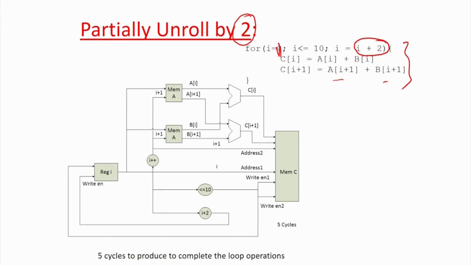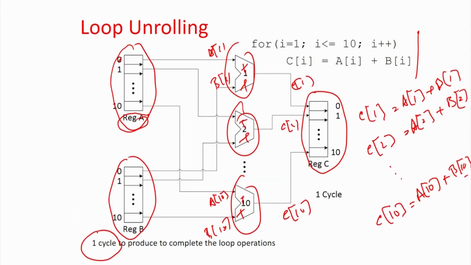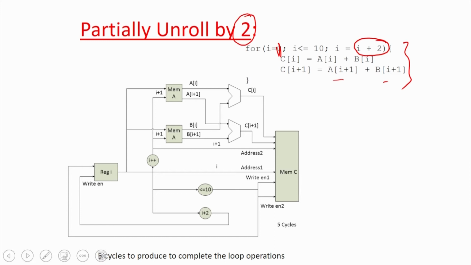So, that means the loop originally was iterating 10 times, here the loop will be iterating 5 times and in each iteration I am doing 2 iterations of the original code, right.